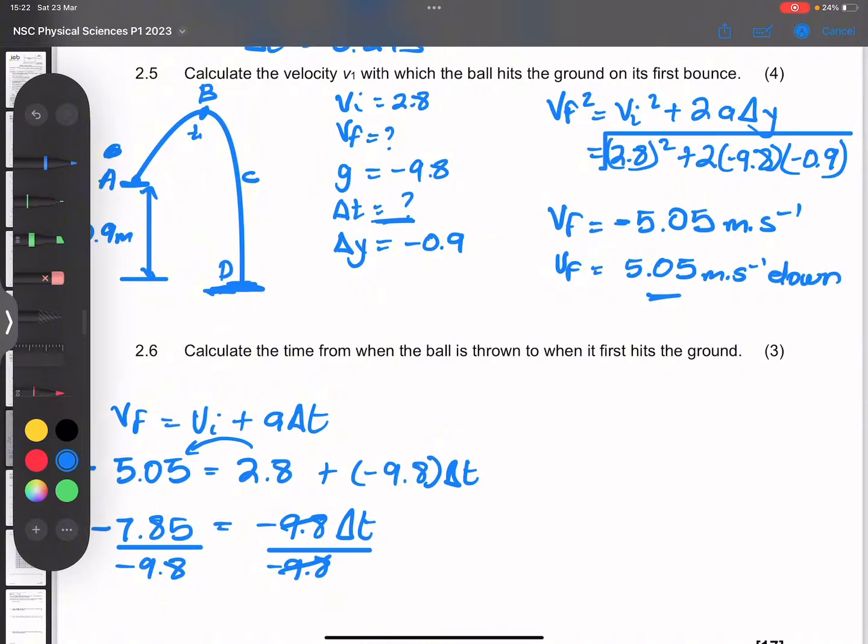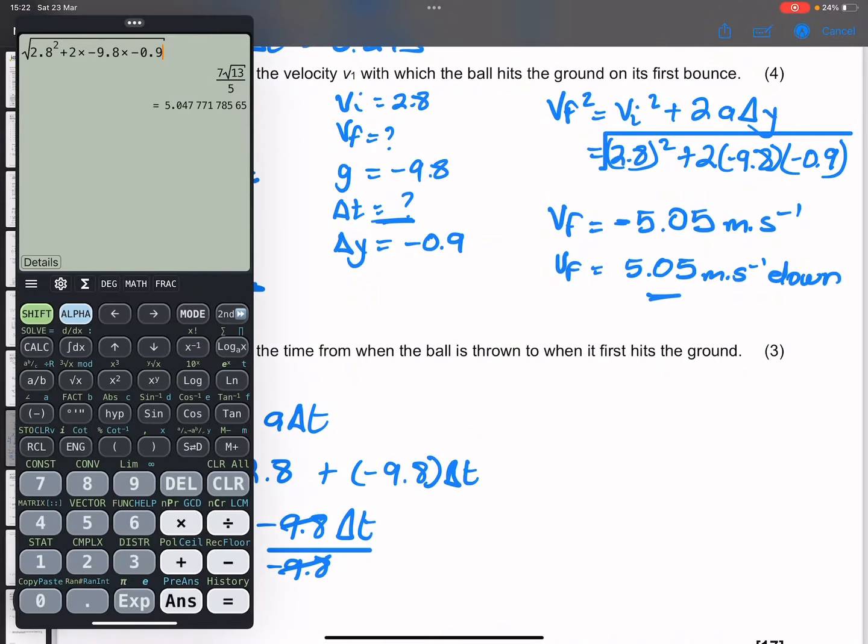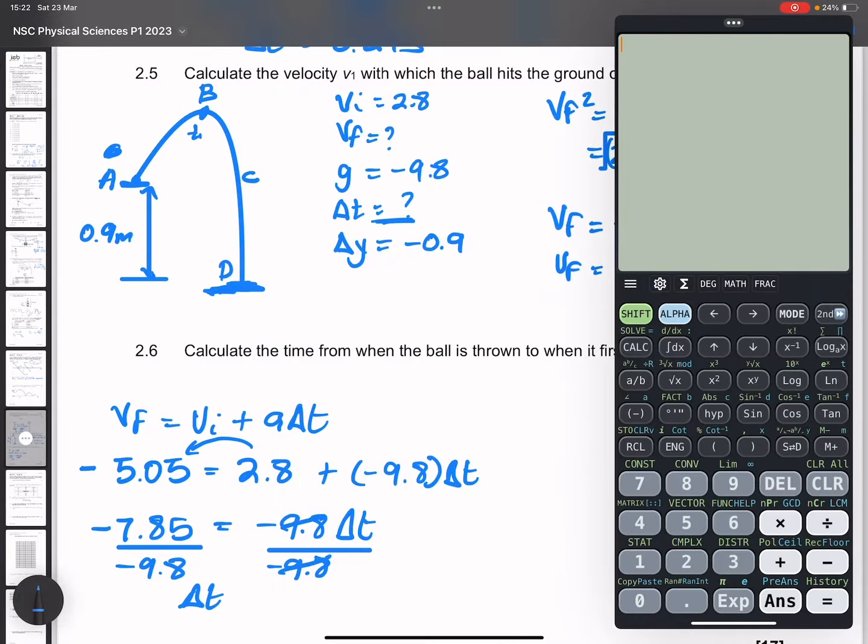So I get my time there to be equal to 7.85 divided by 9.8. I'm not going to put in the negatives there because they cancel each other, right? So this gives us 0.8 seconds.